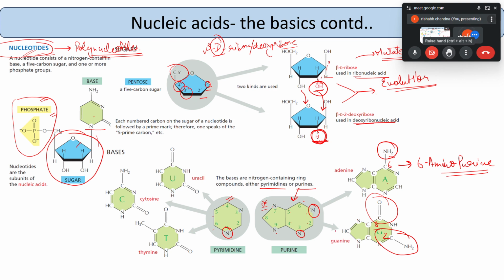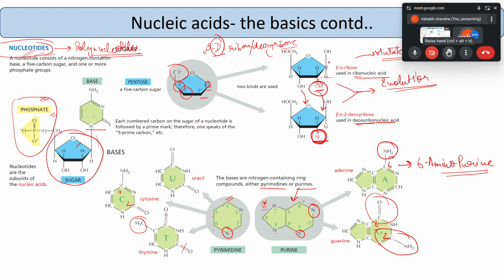Now moving on to the pyrimidine part. Pyrimidines are divided into three types: cytosine, uracil, and thymine. Cytosine is 2 oxo, 4 amino, and thymine has a methyl group here and two oxo groups.